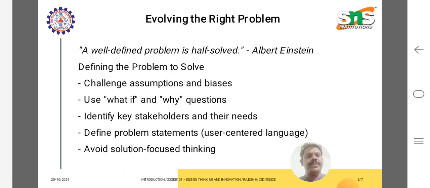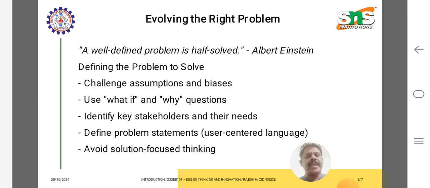So to get evolved with the right problem, there is a saying from Albert Einstein: a well-defined problem is half solved. So by keeping this in mind, the problem has to be approached in various aspects.